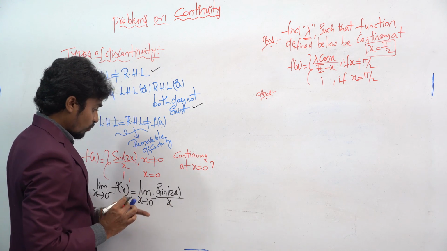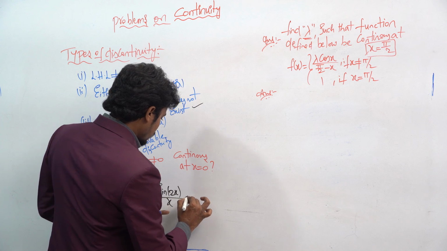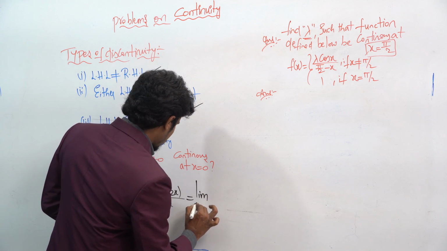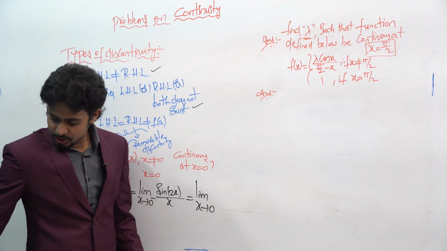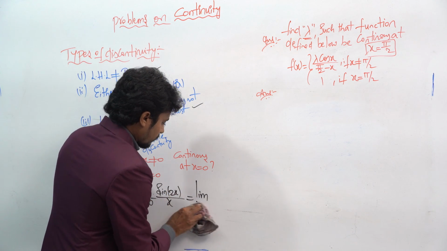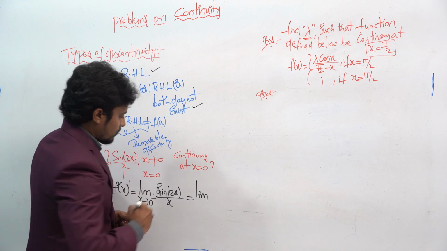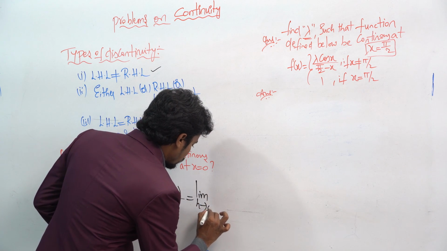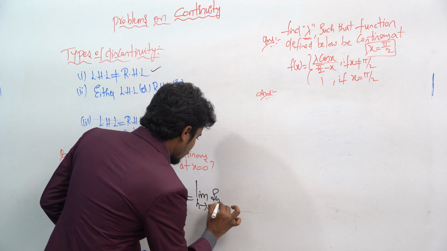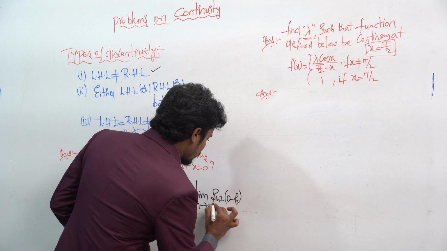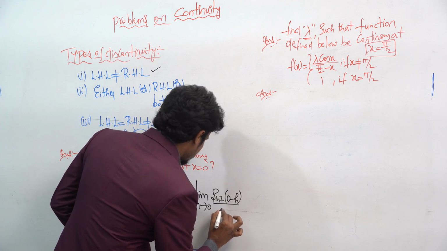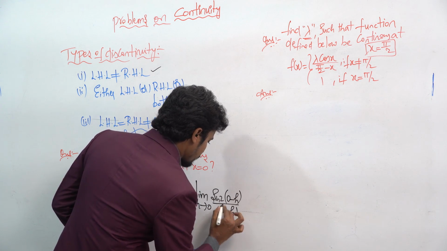What is the next step? We take x equal to 0 minus h, with h tends to 0: limit h tends to 0 of sin 2 into (0 minus h) divided by (0 minus h).